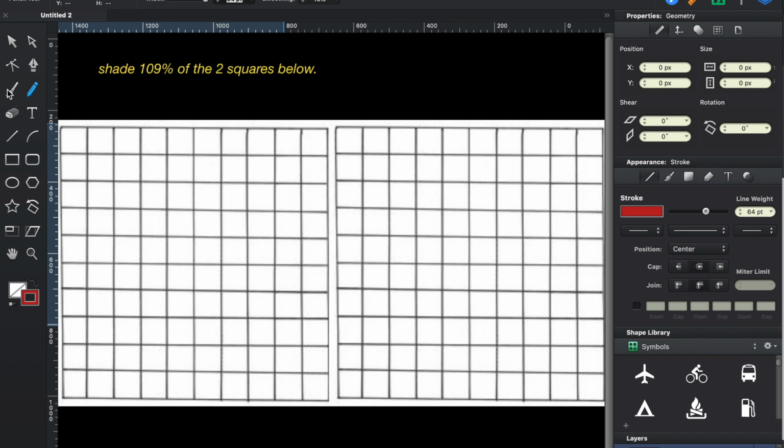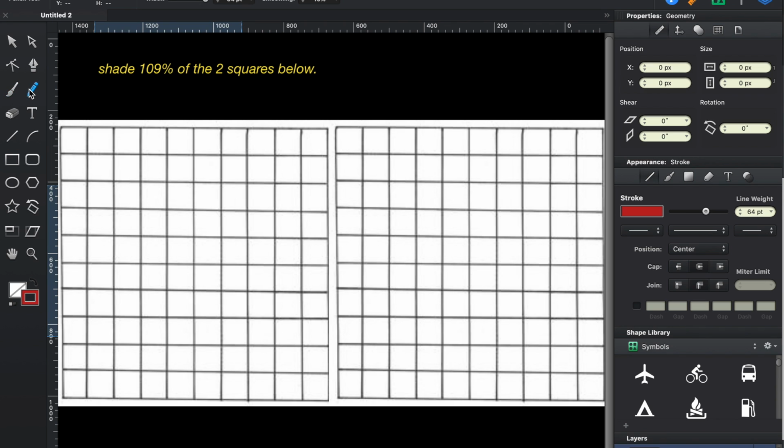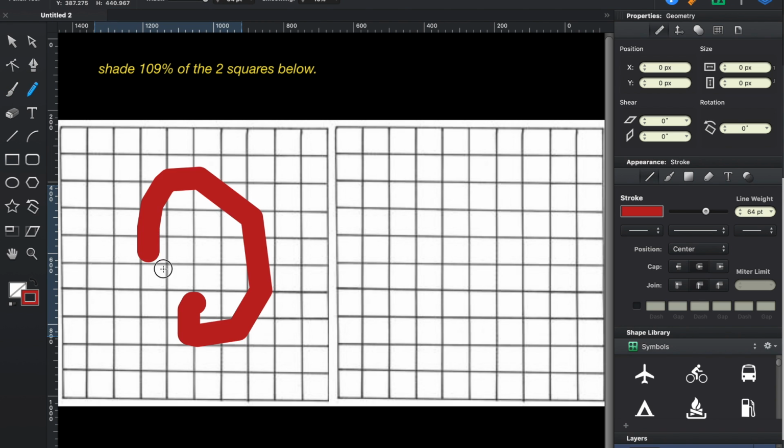Well, don't I have a bigger tool? Okay, whatever. This one's the best anyway.